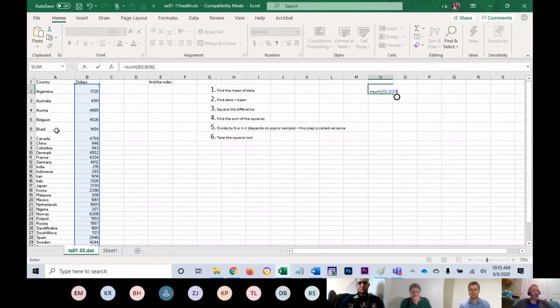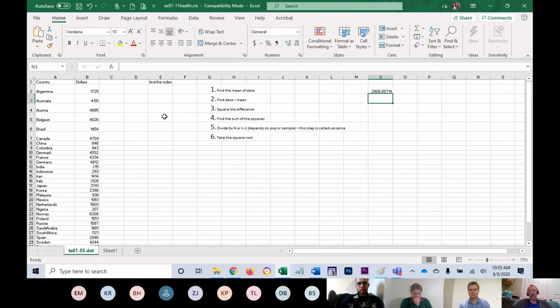Because the first line doesn't count. Okay, so I'm going to take the sum of that. I'm going to divide by 35. And I've got my mean of 2801.65. Okay. Now I'm not going to worry about rounding. That's going to create a big problem for you guys, though. I would say when you're rounding, go to at least a minimum of 3 decimals.